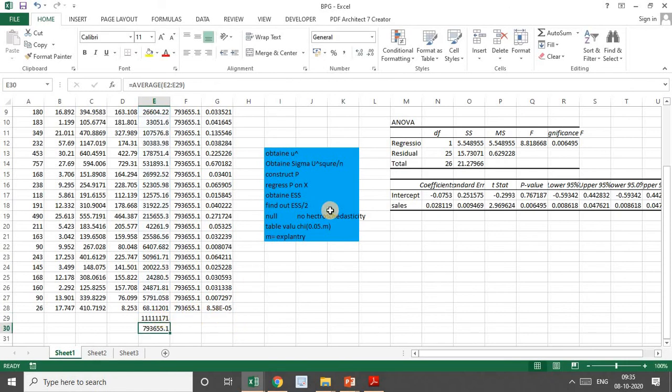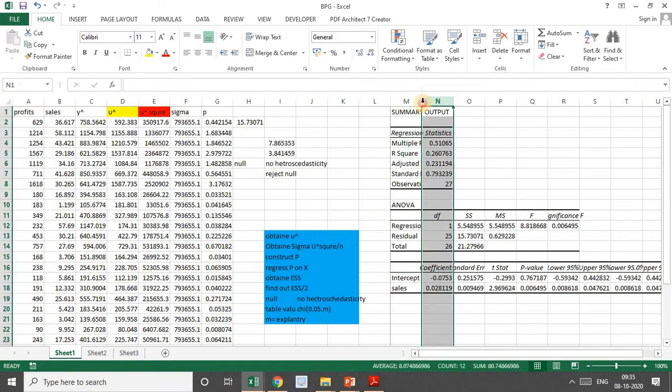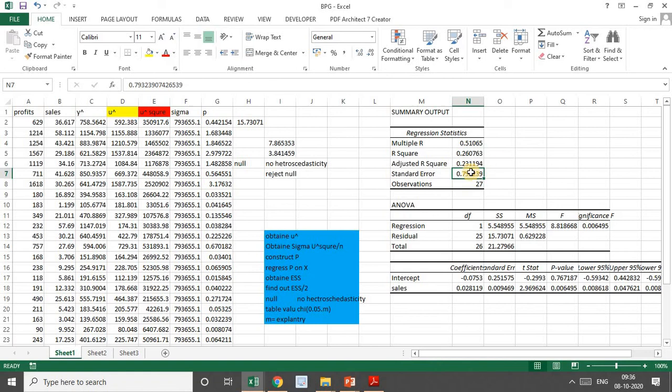Now find the standard error of the regression model, then find small sigma, which is the average of u cap square.